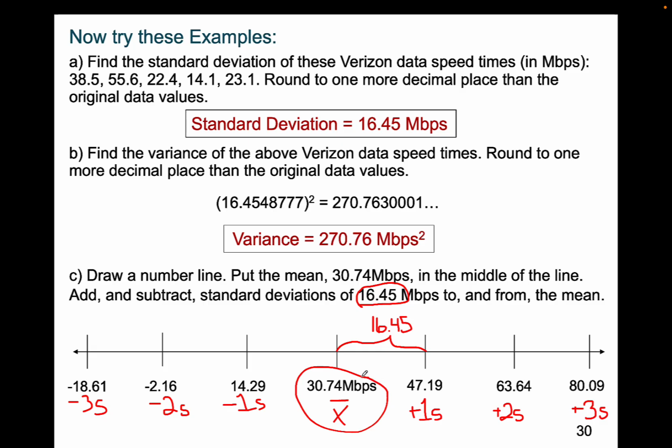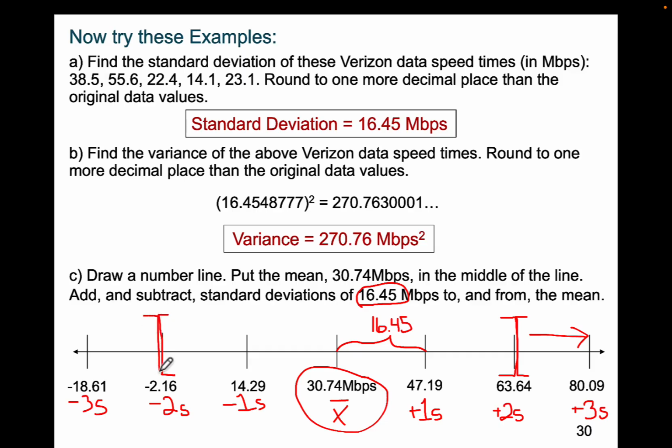On the next slide, we're going to define what would be considered ordinary data values. Give you a sneak peek. It's going to be everything within 2 standard deviations. And then unusual data values, just to give you a sneak peek, are going to be any data values further away, more than 2 standard deviations above the mean.